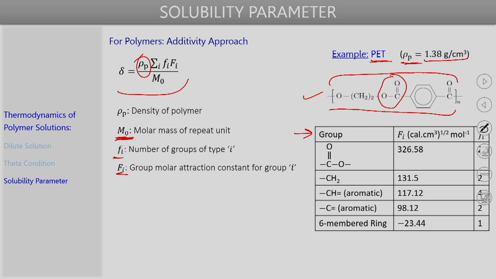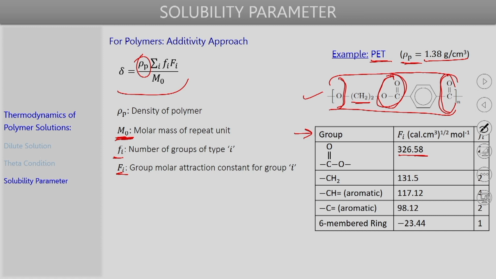From the table that we just saw, the COO group has a capital Fi value of 326.58, and in our repeat unit there are two such COO groups. Apart from the one that is here, we have another one which is this part here. So, two COO groups are here, so small Fi is 2, and there are also two CH2 groups. That is what we have here.